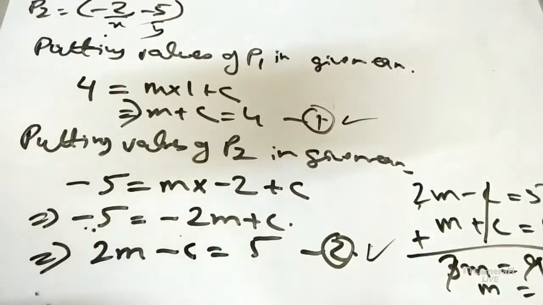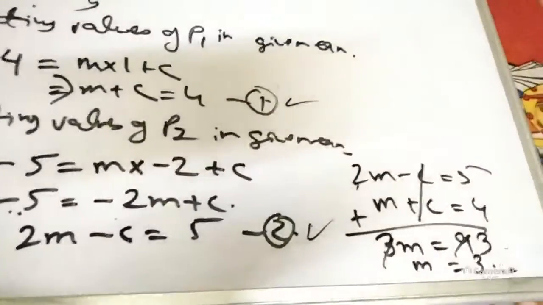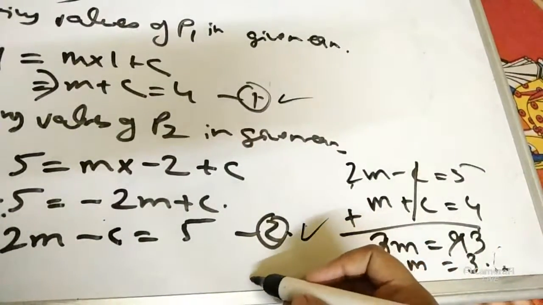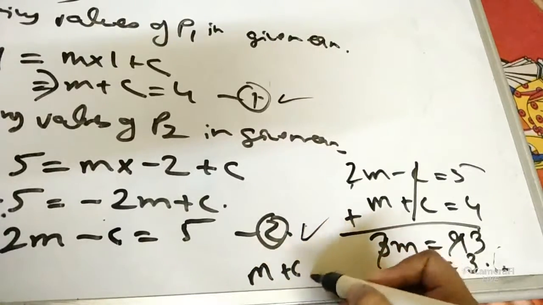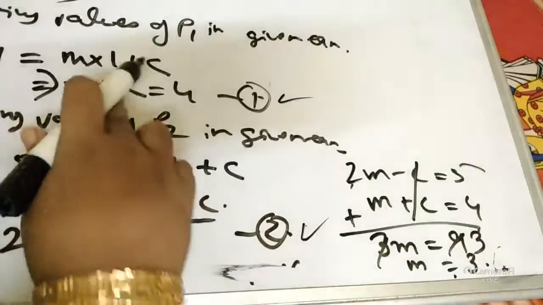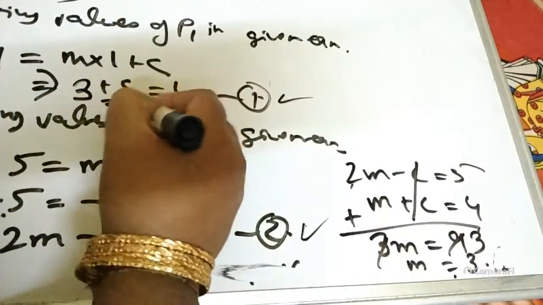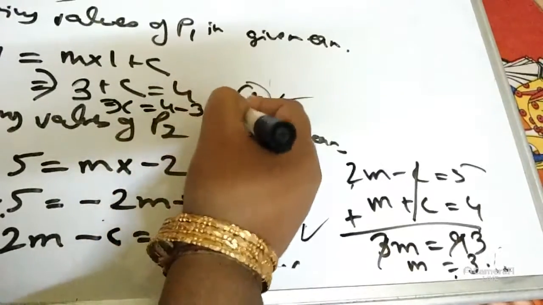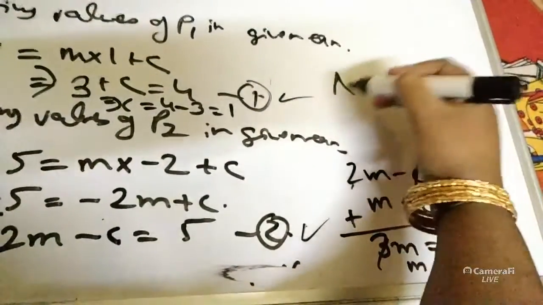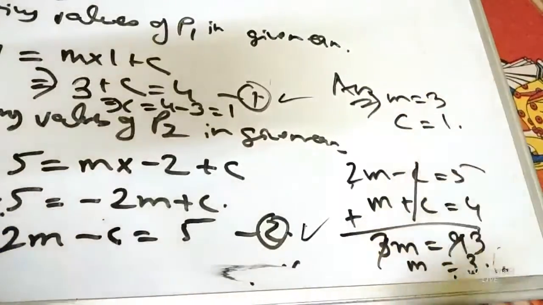If value of m is 3, then what will be the value of c? If we put this value of m in any of the two equations, let us put it in this equation, then m is 3. 3 plus c is equal to 4. So c becomes 4 minus 3, 1. So what is our answer? M is equal to 3 and c is equal to 1.